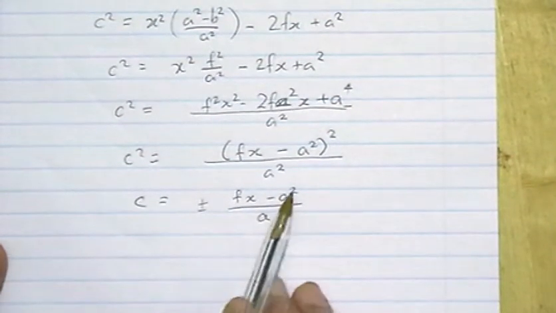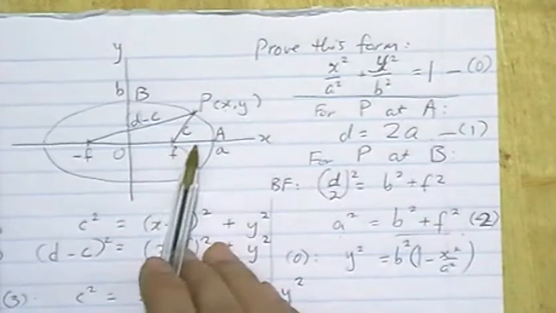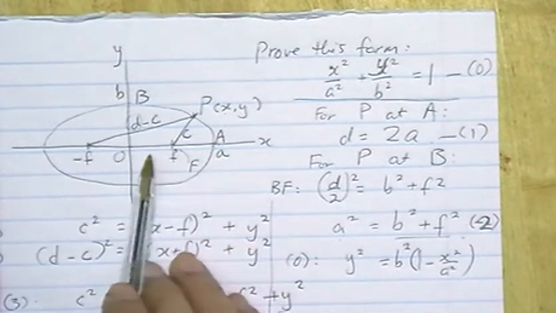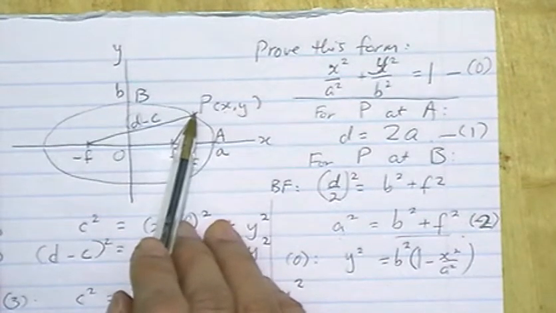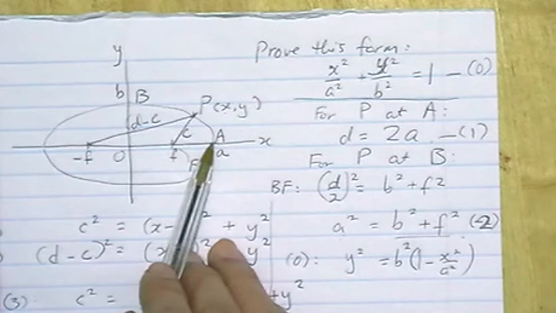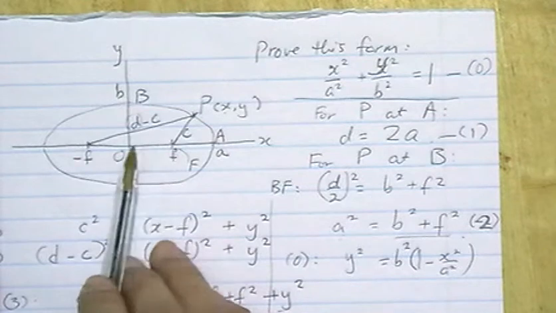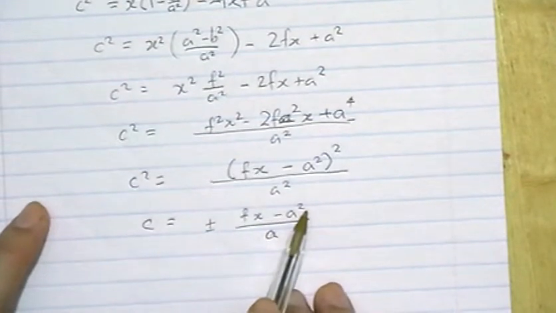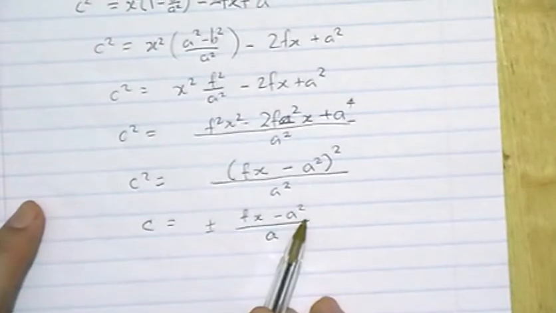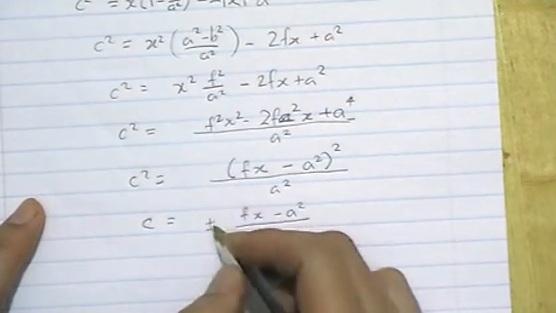Well, now let's look at a, f and x. Look at a, this is a. Now x is the coordinate of a point on the curve, so x must be less than a, unless p is down here. So x must be less than a. And f, this distance is of course less than a. So that means that both f and x are less than a. So fx minus a squared must be negative. To make c positive, therefore I must take the negative answer.